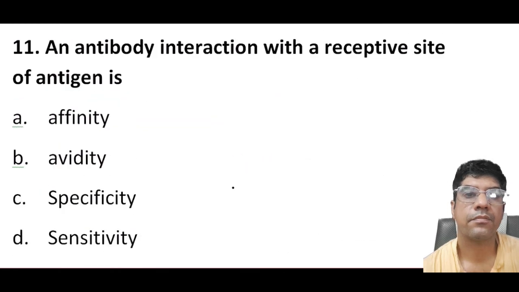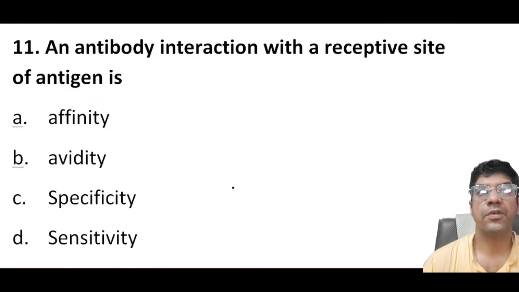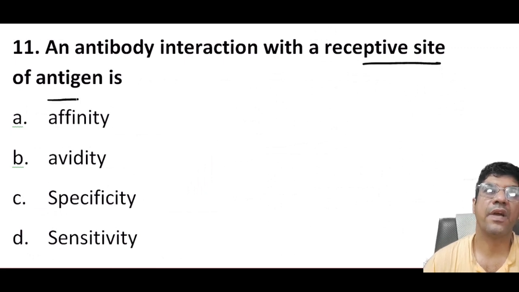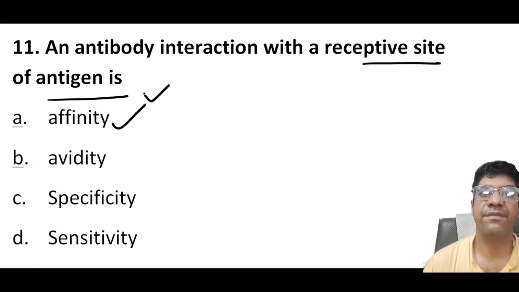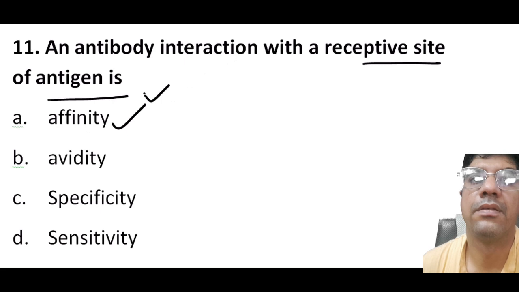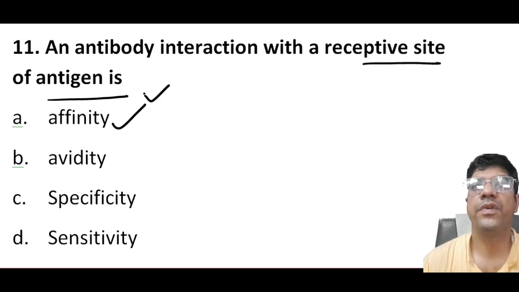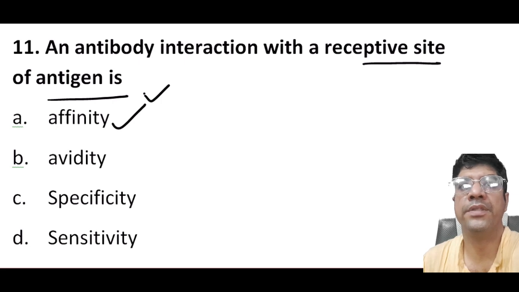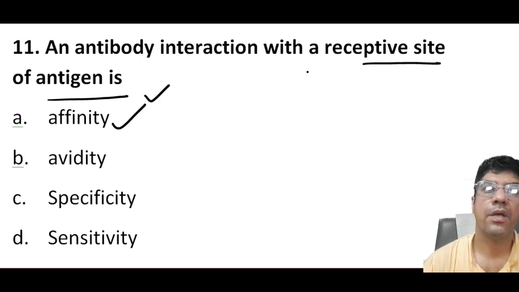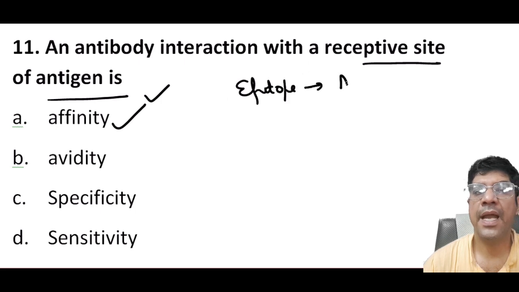Coming to the next question, the antibody interaction with the receptive site of antigen is known as, the answer is, affinity. First of all, you should know what an epitope is. Epitope is an antigenic determinant.